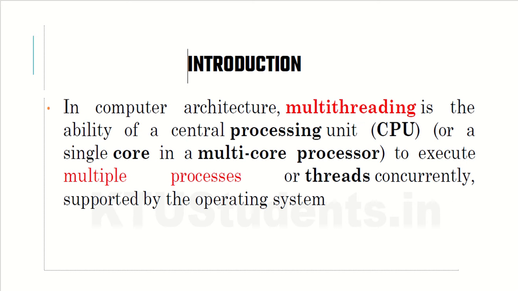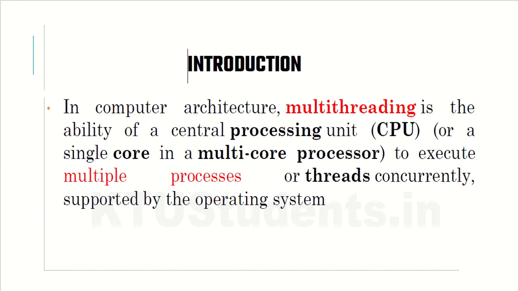So as an introduction, when we start with this particular module, we have to define the concept of multithreading. As we have already discussed multithreading in the courses of operating systems, or even when you were learning Java programming. Here, when you talk about multithreading in computer architecture, it is just mentioning the capability of the execution unit, to be precise, the processing unit.